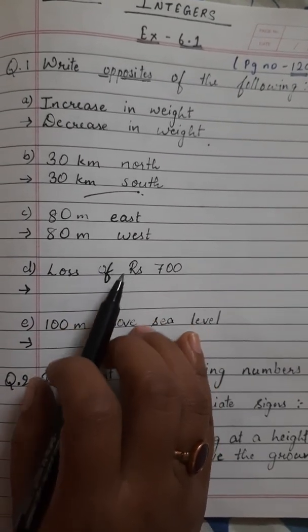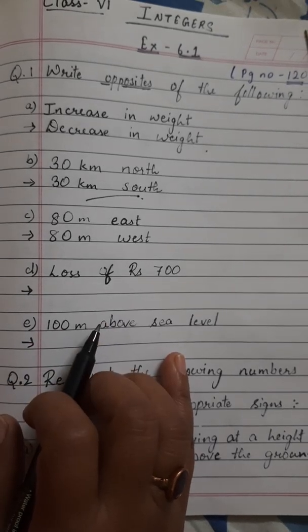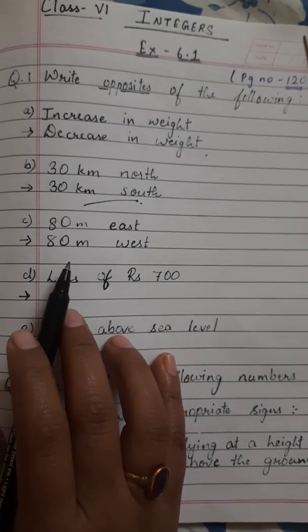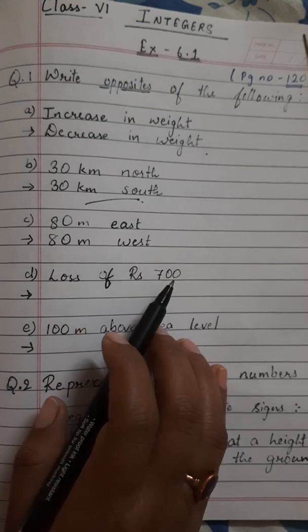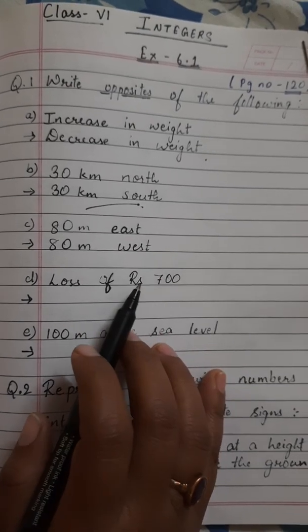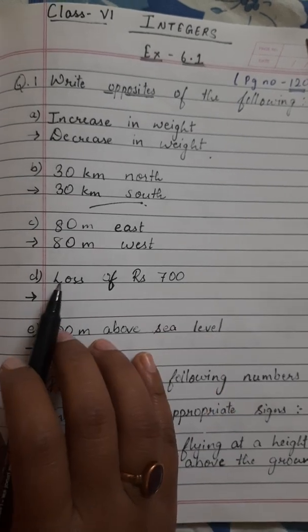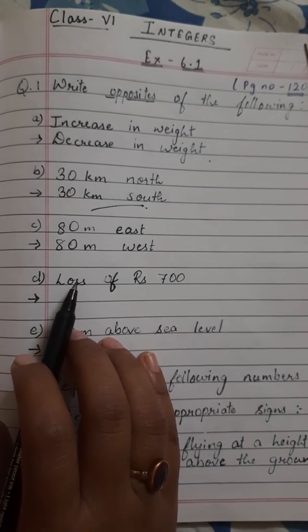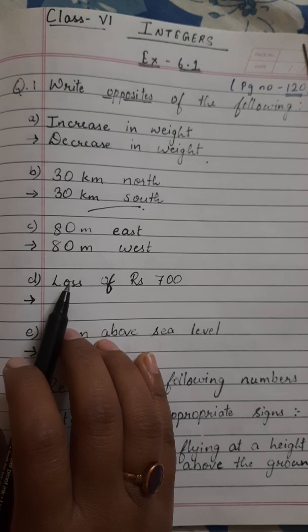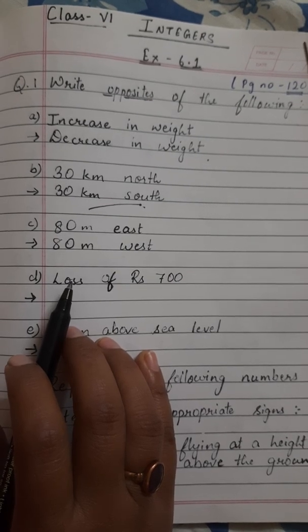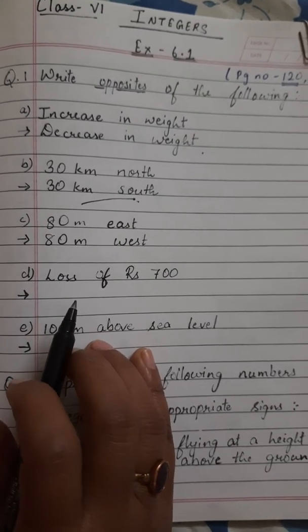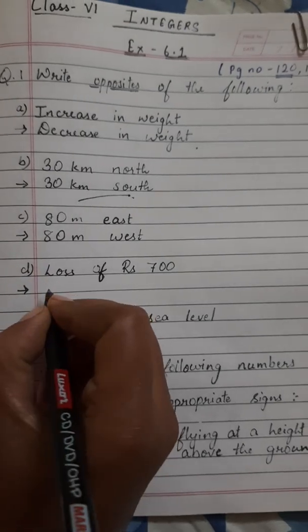Now moving on to two more questions which you have to think about, like loss of rupees 700. Here, rupees 700 is not the main word. The main word is loss. So the opposite of loss, if you know, guess what it should be? Yes, it should be gain.